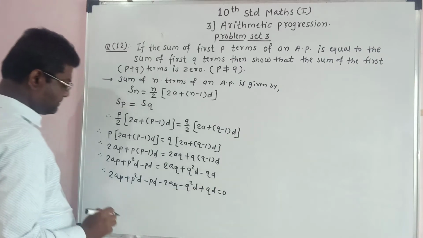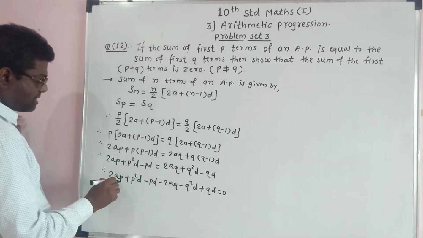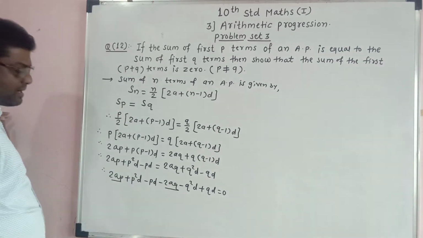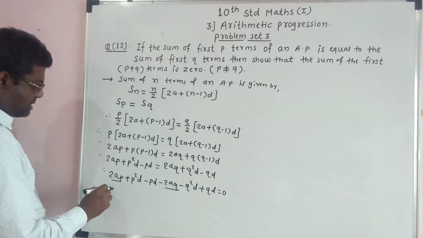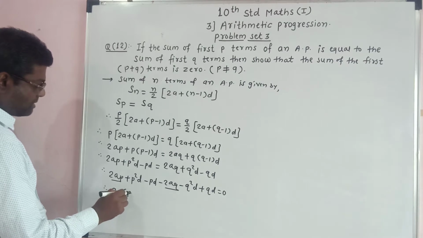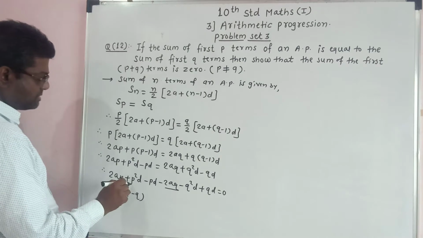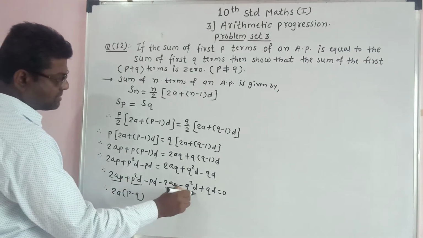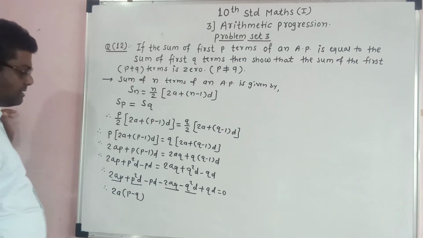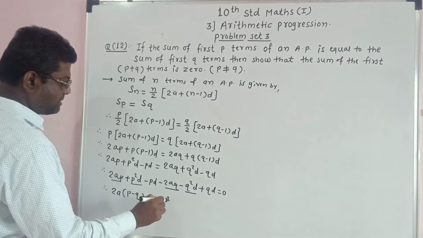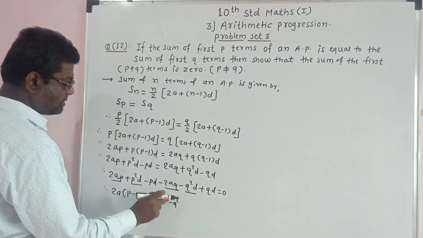Now from these two terms, this term and this term, we can take 2a common, therefore 2a in bracket p minus q. Now in these two terms, this term and this term, we can take plus d common, that is d in bracket p square minus q square.